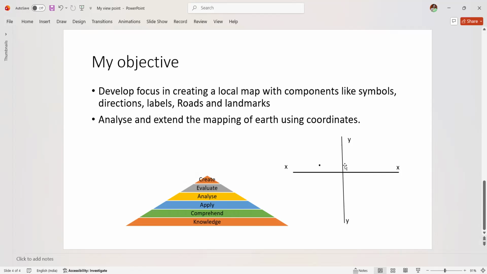Yes, because they now have an idea that this is going to be north, this side is going to be east, south-east. This becomes south-west, north-west.